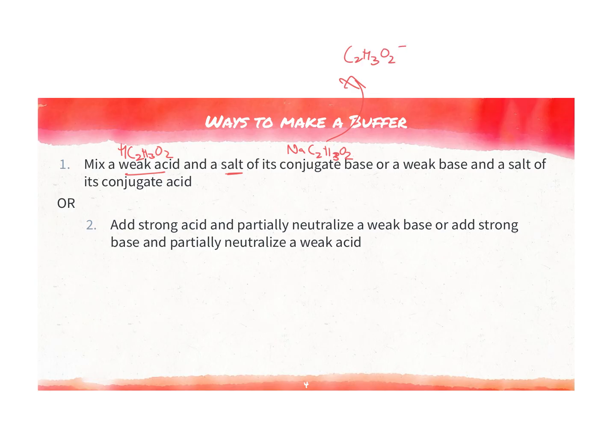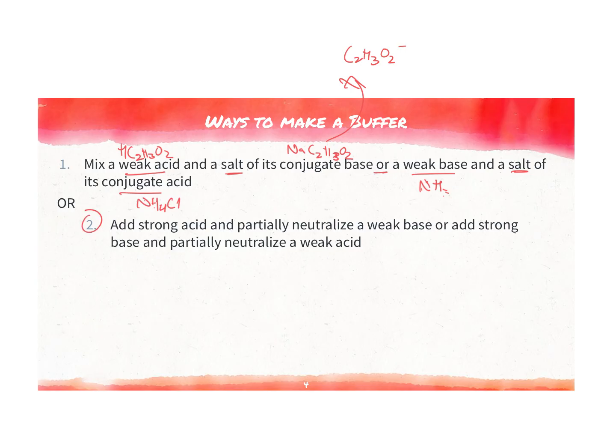Or, if you're looking at it from the weak base standpoint, you can mix a weak base like NH3 with a salt of its conjugate acid, for example, NH4Cl. If I mix NH3 with NH4Cl, I make a buffer, or if I mix HC2H3O2 with NaC2H3O2, that makes a buffer solution.